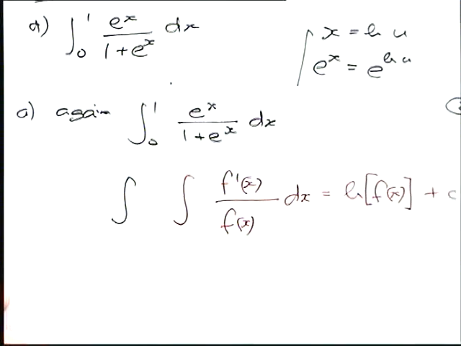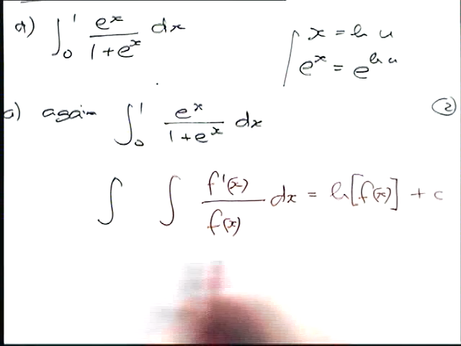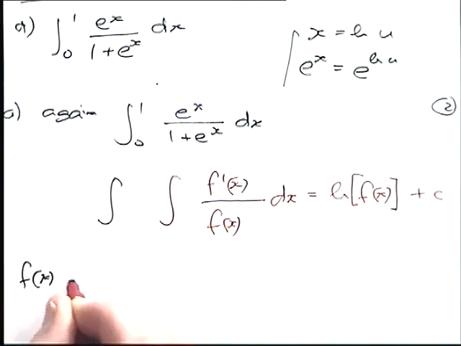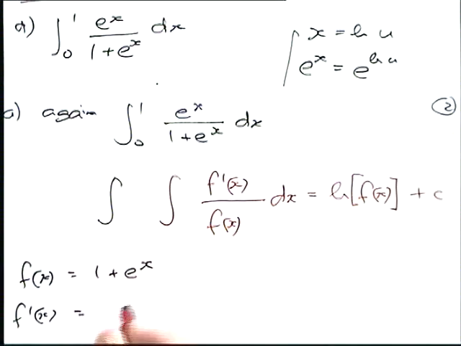Okay? So, here, does this work? Well, in this example here, our function is 1 plus e to the x. What is the derivative of 1 plus e to the x? What do you get when you differentiate 1? Nothing.